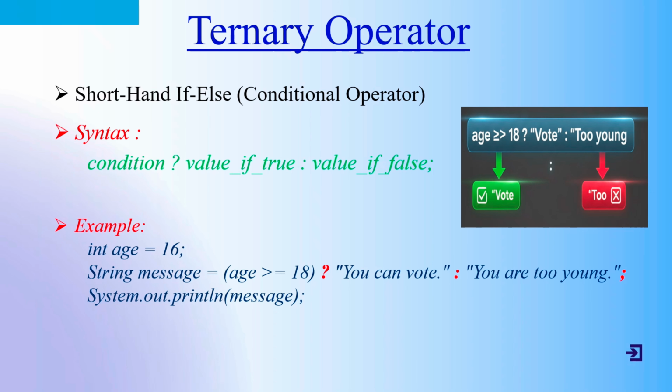If the condition is true, then the value present directly after the question mark is used. If not, then the second part, present after the colon, is used. Condition, question mark, value if true, colon, value if false, semicolon.